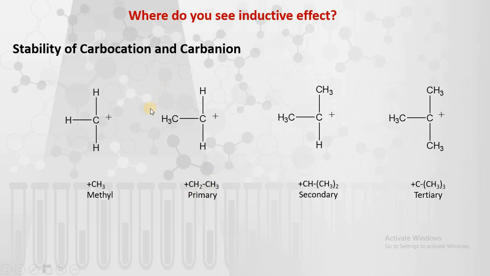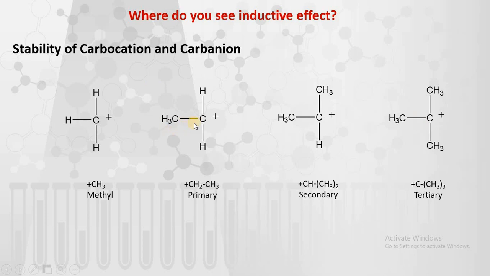If you see here, this primary carbocation is attached to one carbon atom, one methyl group. This one methyl group is donating electrons to this carbocation. Here two methyl groups are donating electrons to this carbocation, and here three electron donating groups, that is three methyl groups, are donating electrons to the central carbocation.